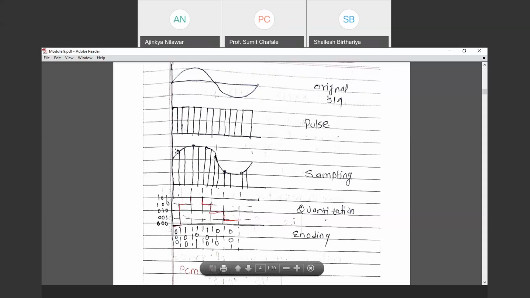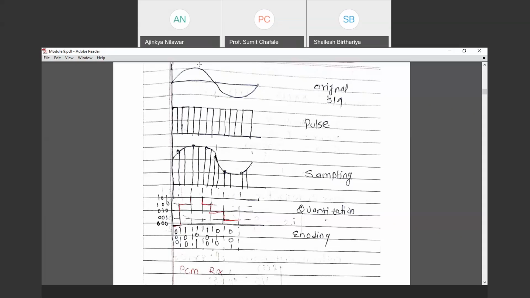Where the signal cuts, we consider it our first pulse. The second we consider our second code, the third pulse our third code. So where the signal cuts, we take its equivalent voltage level. Suppose this is 100, then we represent 100. Here you will consider 101, so we consider this pulse as 101.